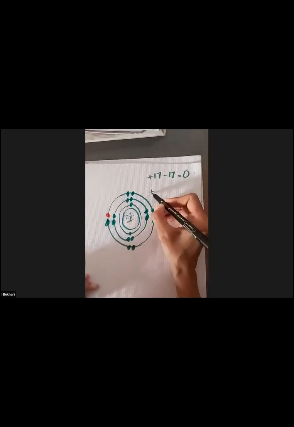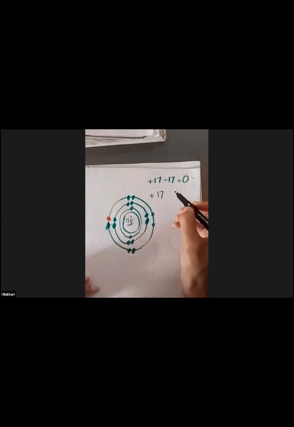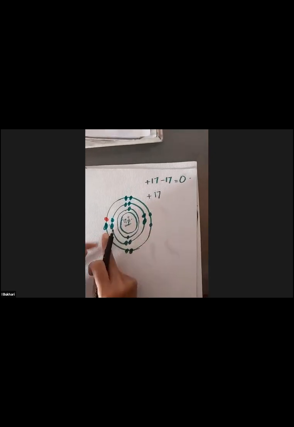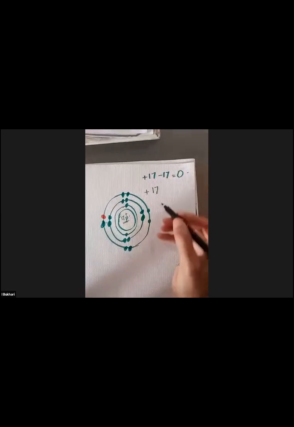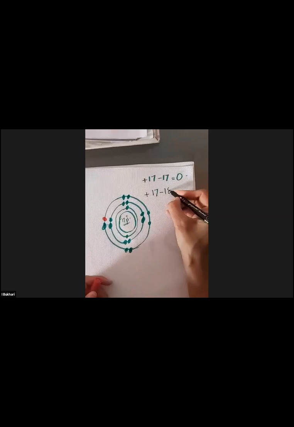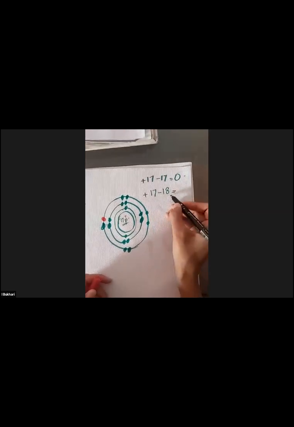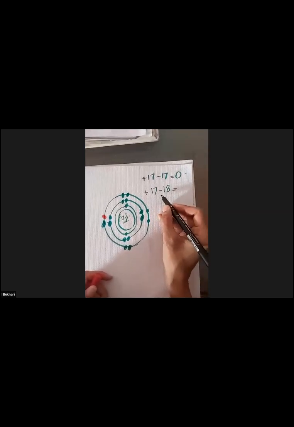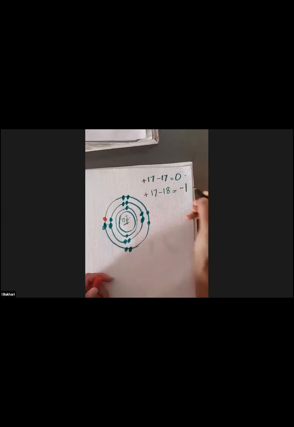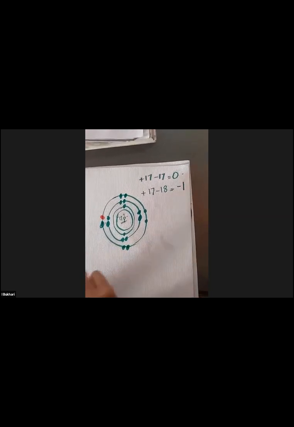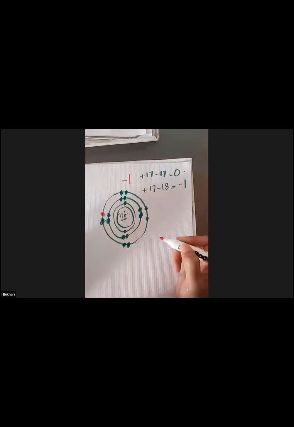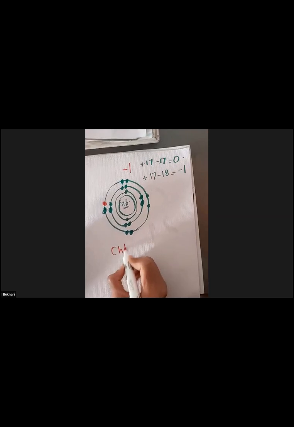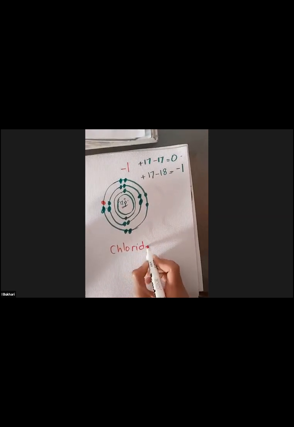So my positive charges are still the same, but negative charges are now 18, not 17, because now it gained 1 more from hydrogen, right? So now the net charge is 17 minus 18, which is -1. So this gives a negative charge to this chloride. That makes this a chloride anion.